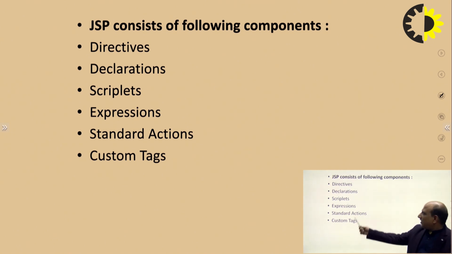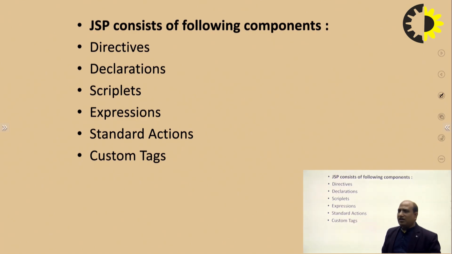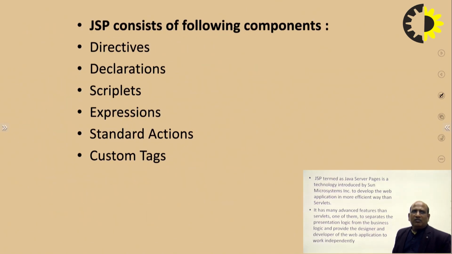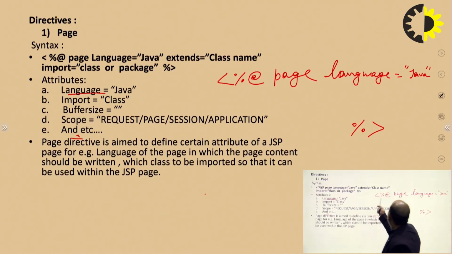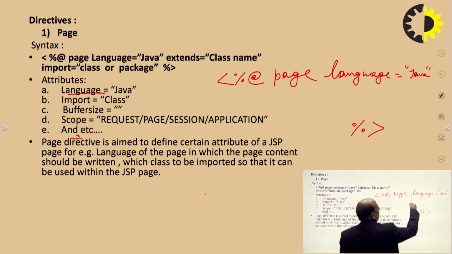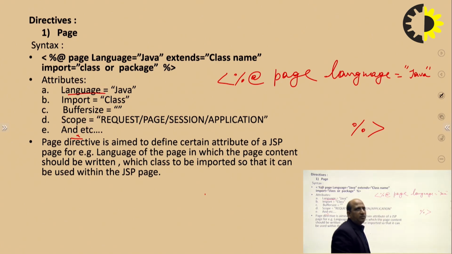We will see that all these tags, declaration, scriptlet and expression, are used to write Java code in your JSP page. So in declaration, scriptlet and expression, which language the code is written in is defined in this directive tag that contains the language attribute.